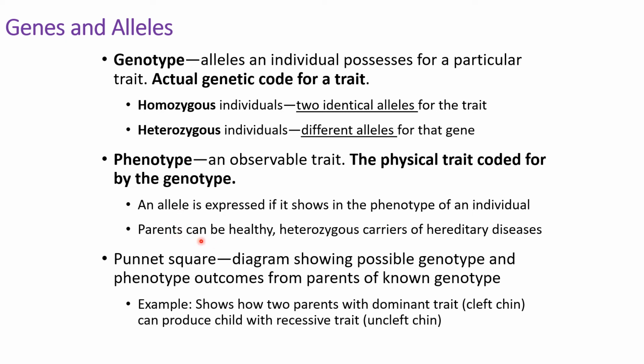Now keep in mind that parents can be healthy, heterozygous carriers of hereditary diseases. So you might have a parent with a heterozygous situation where maybe diabetes, which does have a hereditary component. Maybe mom on one of her chromatids has an allele that serves as a predisposition for the development of diabetes.